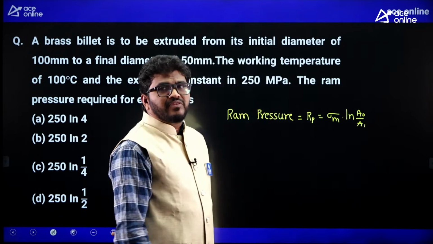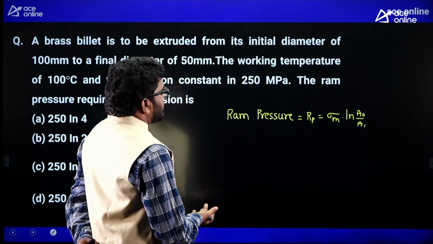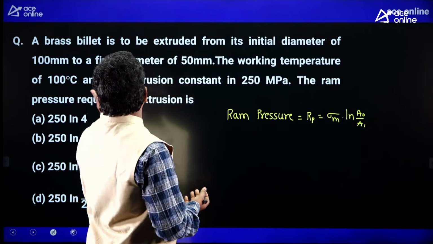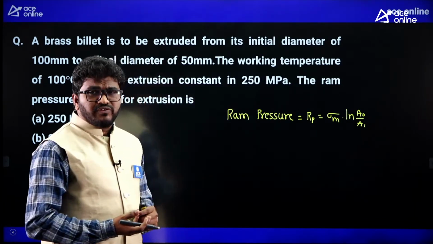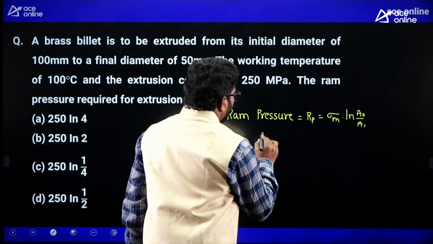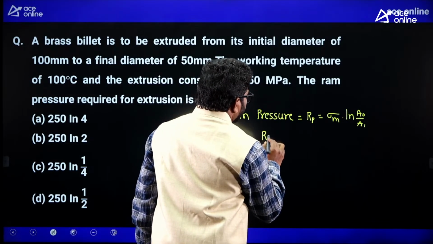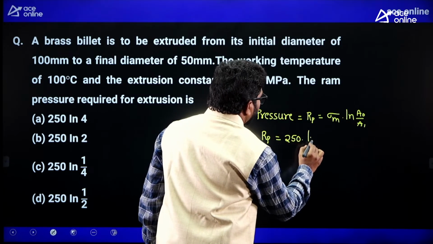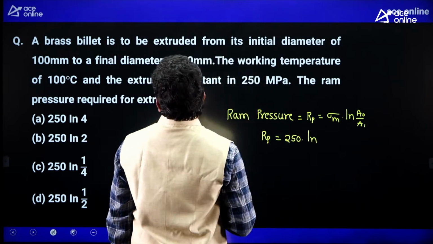This is the formula. In the question, the extrusion constant is given at a temperature of 100 degrees Celsius, that is 250. So ram pressure is equal to 250 into ln A naught by A1.